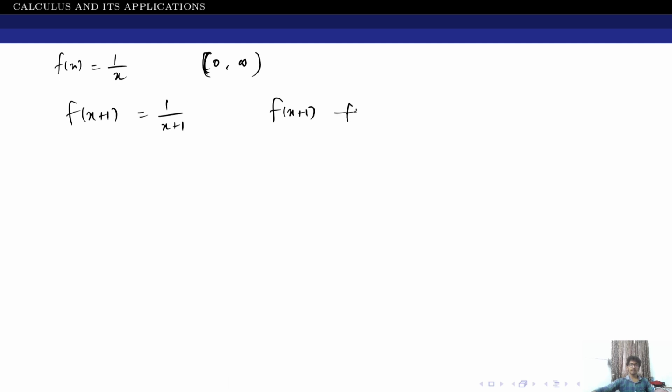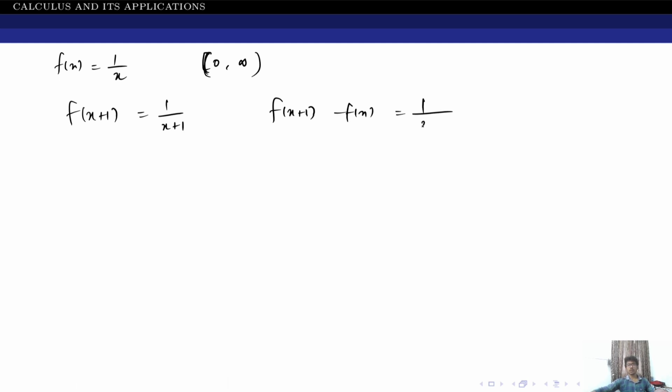Let me check. f of x is 1 upon x. Let us check whether this is an increasing function or decreasing function on the entire domain. This is not defined at 0, so it is open at 0 comma infinity. We know f of x is this, so f of x plus 1 is going to be 1 upon x plus 1, right? So what is f of x plus 1 minus f of x?